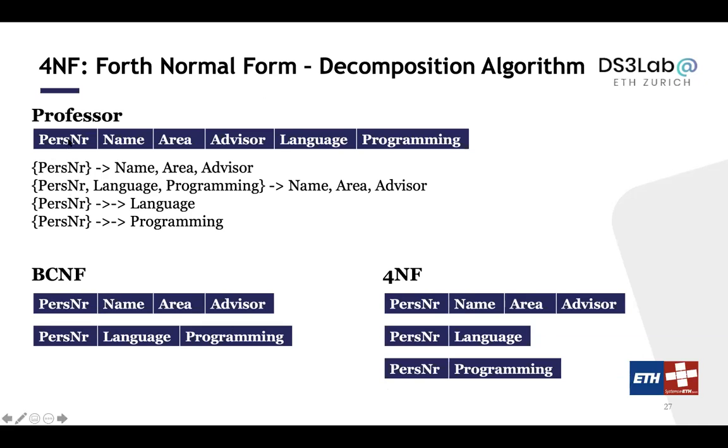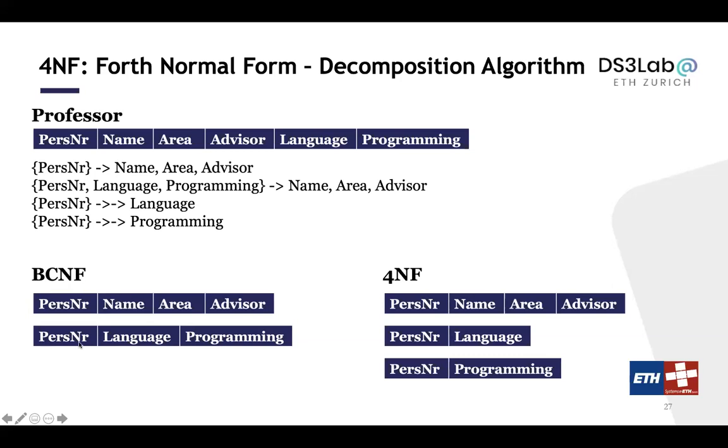For example, when you decompose it into BCNF, you will end up with a relation with personnel number, language, and programming language, and you do nothing on this relation. Why? Because there's only a multi-value dependency, but no other functional dependency anymore. There's no functional dependency from personnel number to language, and none from personnel number to programming language. Essentially, if you are doing BCNF, once you have these two relations, you are done.